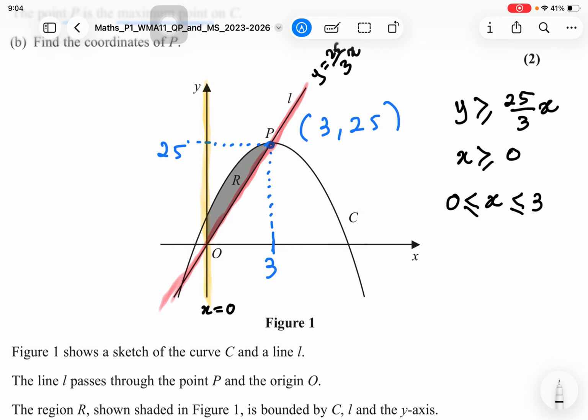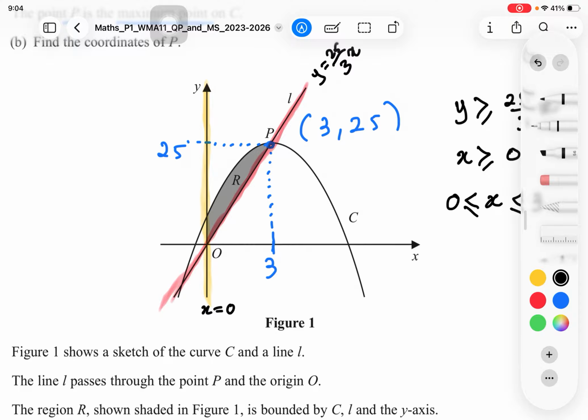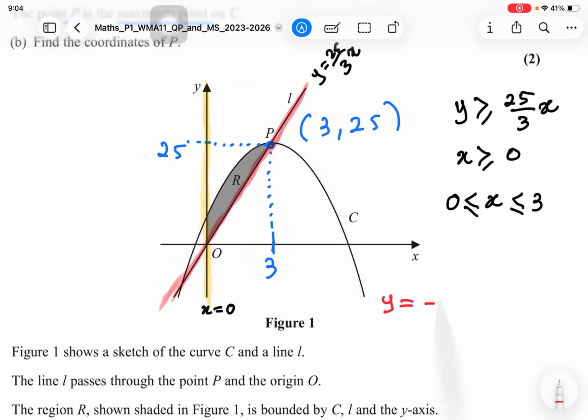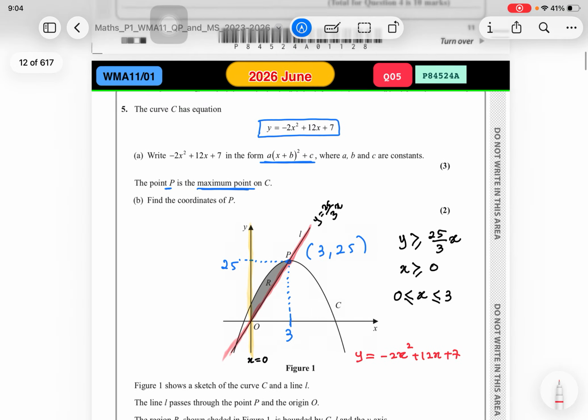The next one we are going to get with the curve. With this curve we can see the y coordinates are going to be lower. The equation we had was y equals negative 2x squared plus 12x plus 7, according to the graph here.